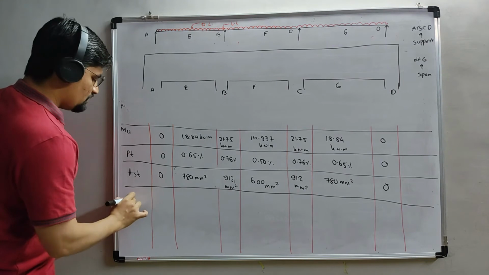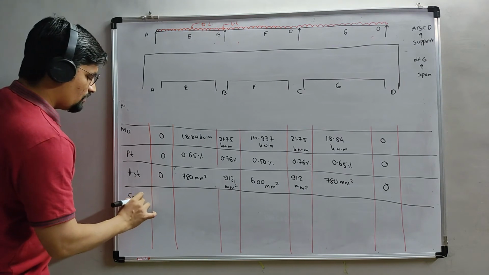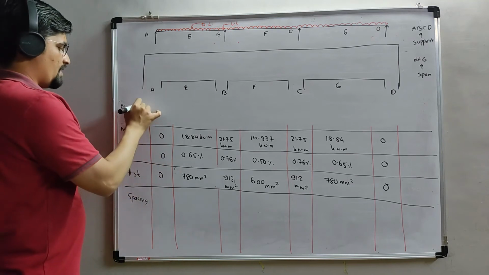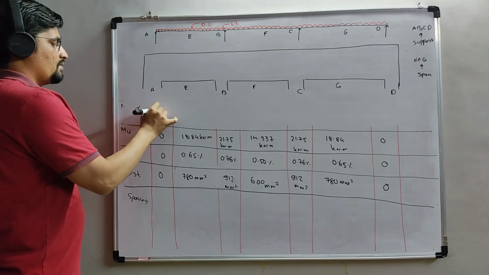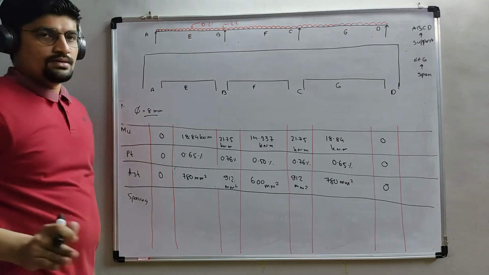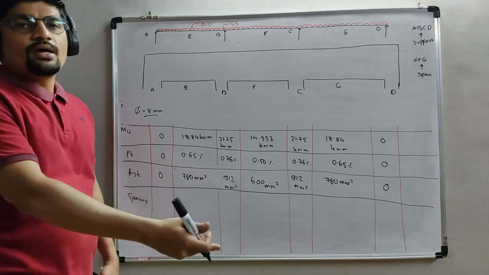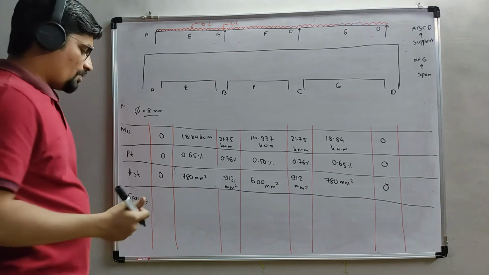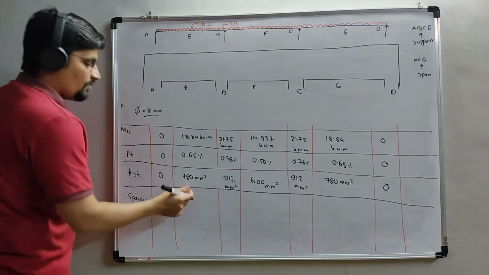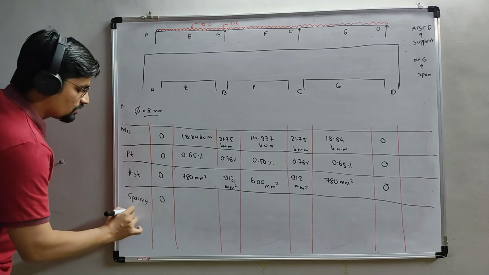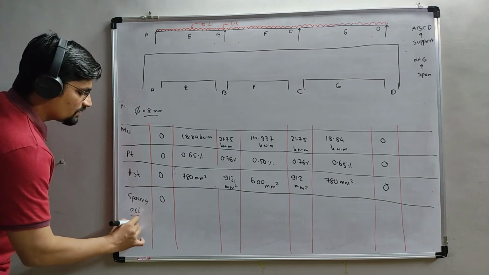So first of all we will provide the span moment. For spacing, for all the members we will take the diameter of 8 mm. Take diameter of 8, for all the bars, for hogging moment as well as for span moment. So first of all, spacing is equal to small AST by capital AST into 1000.